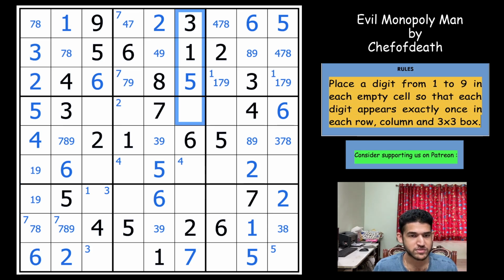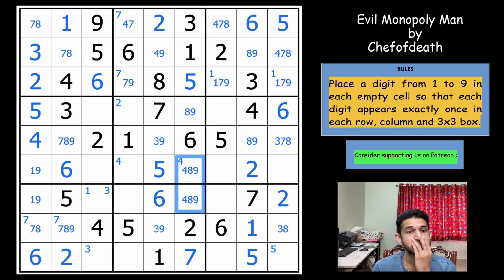And let's look at column 6. So this is 8, 9. These two cells are 4, 8, and 9. 2 could be placed in row 4. I think ages back, somehow missed this reduction. What now?